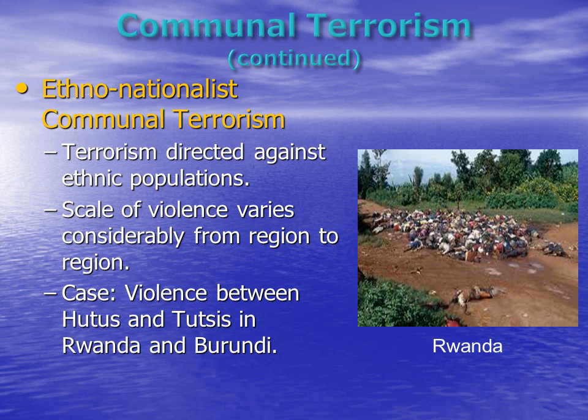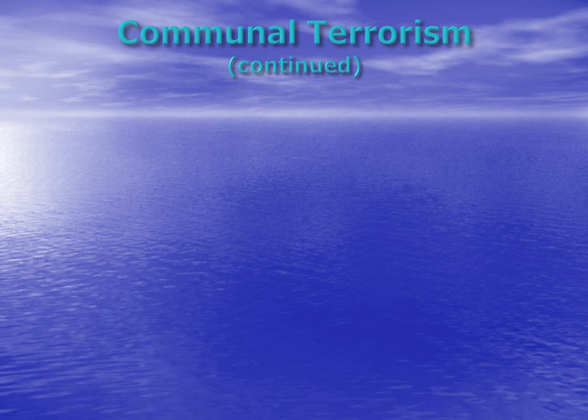It might be a conflict that has simmered for centuries, and then it emerges all of a sudden. But they're very brutal. They engage in terrorist activity. Everybody is a target, from old people to very young babies. The Hutus and the Tutsis in Rwanda and Burundi. It's a perfect example. Next slide.